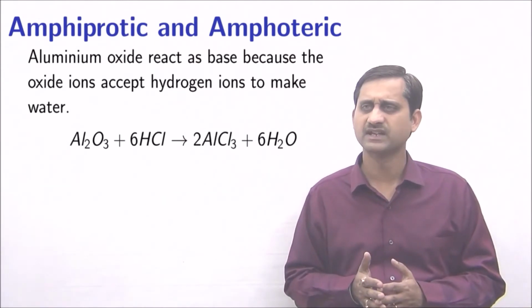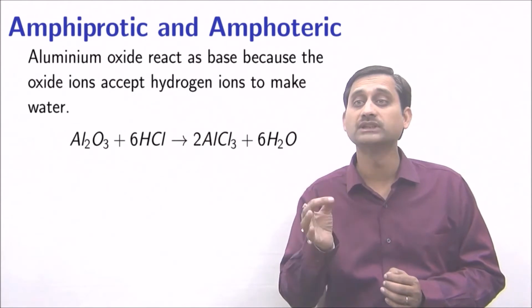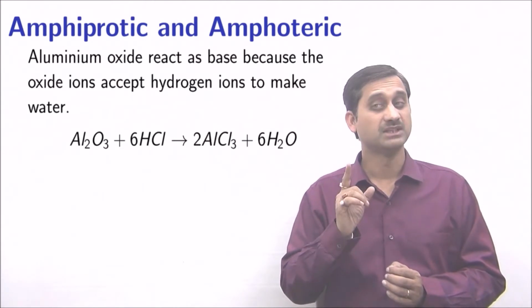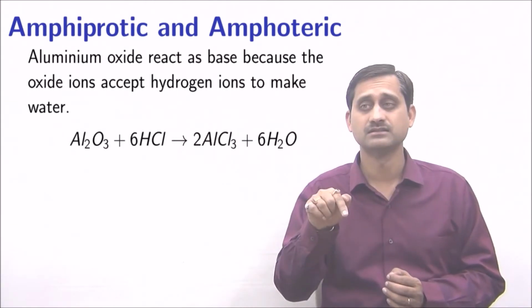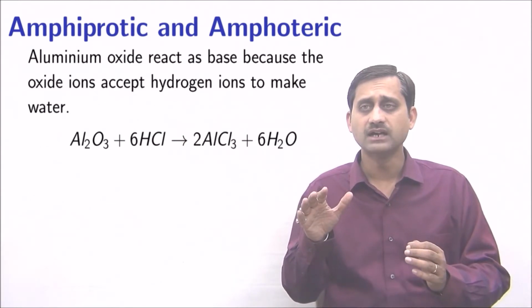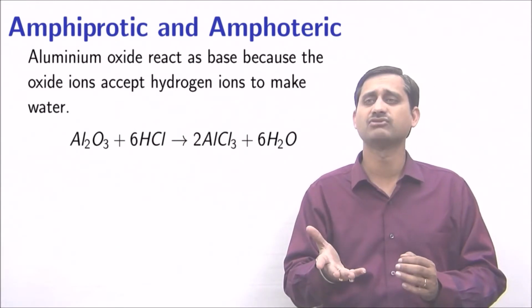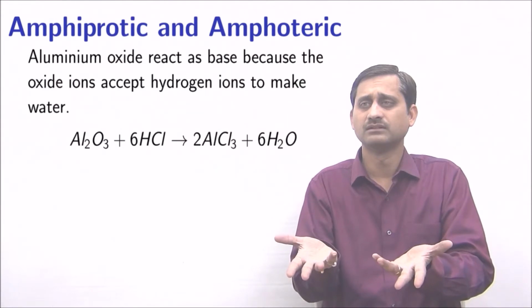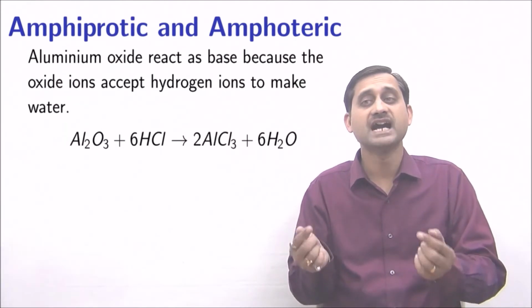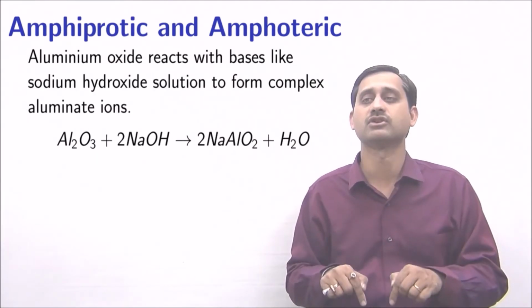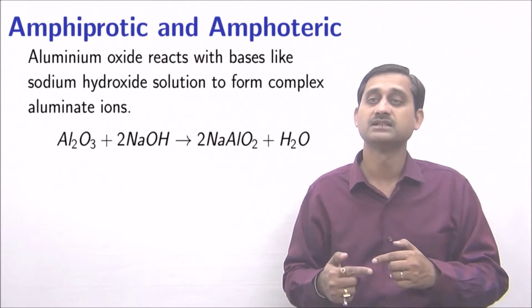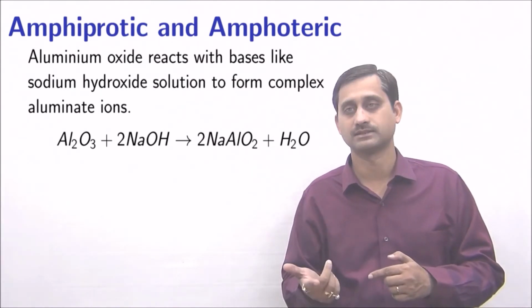That is not a problem as far as the definition of amphiprotic is concerned. But the reaction as an acid is. The aluminium oxide doesn't contain any hydrogen ions to donate. But aluminium oxide reacts with bases like sodium hydroxide to form complex aluminate ions.